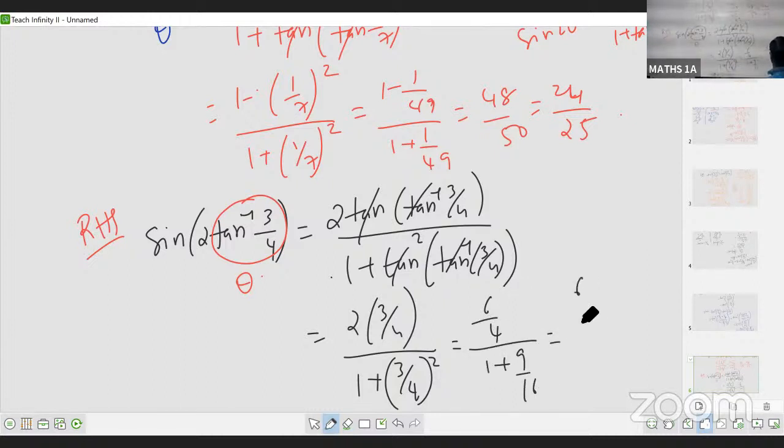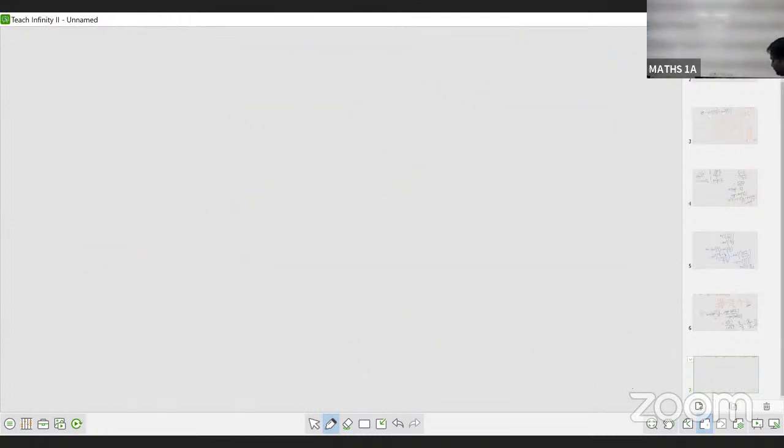That is 6 by 4 by 25 by 16. 4 1s are 4, 4 6s are 24 by 25. See, LHS is equal to RHS.